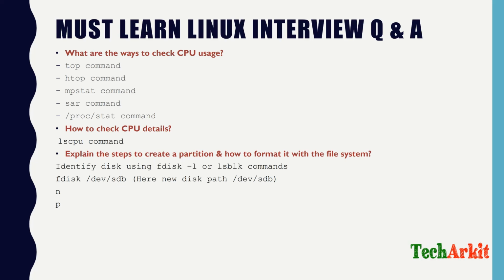Most of the times, the first time you create a disk partition, it should be a primary one, and enter the partition number like 1, 2, 3, 4. You can enter any of the numbers up to four. So the first partition we are creating is partition 1.